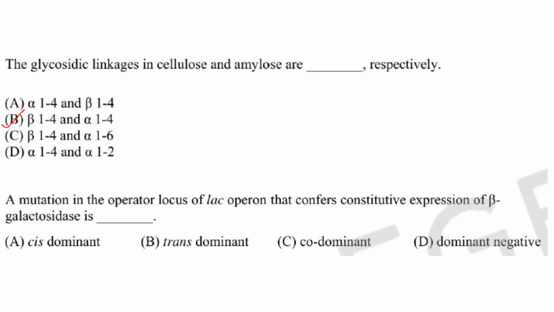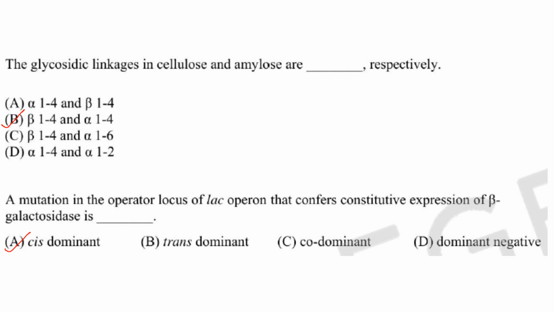Then next one. A mutation in the operator locus of the lac operon that confers constitutive expression of beta galactosidase. Now this is an example of cis dominant, because in cis dominant that mutation will affect gene expression on the same DNA molecule and not on the other DNA molecule.